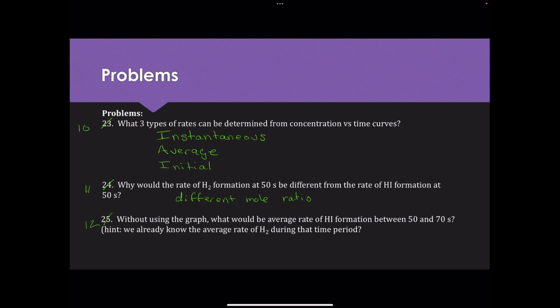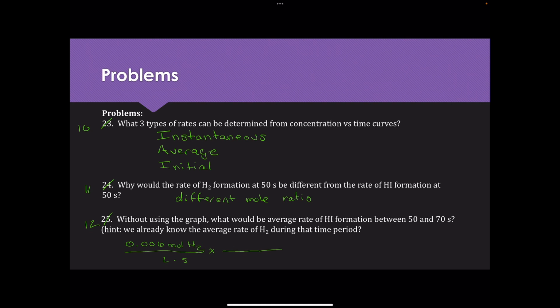So using the rate that we already determined for the hydrogen, which we said was going to be 0.006 molarity per second, which is moles of hydrogen per liter per second, we're going to use that to convert to the rate for the hydrogen iodide.